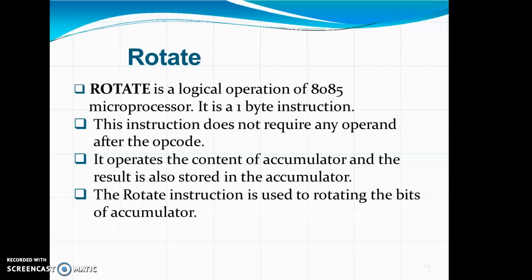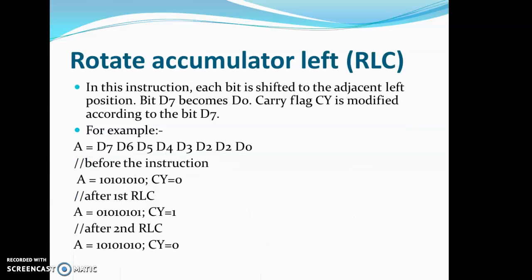The rotate instructions are 1 byte instructions. They do not require any operand. Simply I will write RRC, rotate right, rotate left. These instructions are performed with the accumulator only, with the content of the accumulator and the result in the accumulator. RLC rotates the accumulator left through the carry flag.